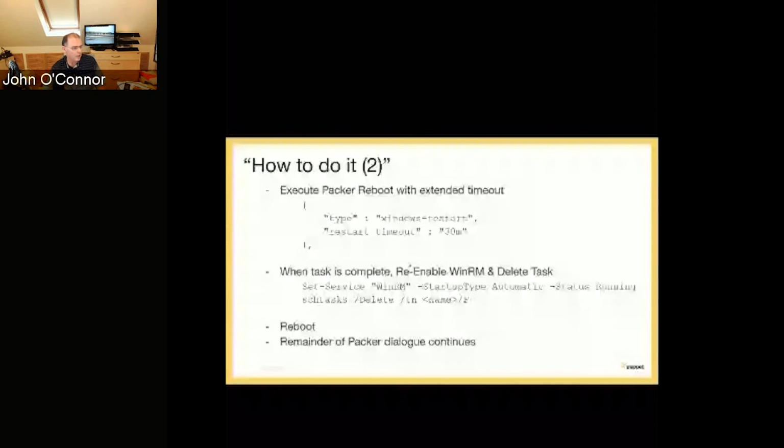When the task completes, you then have a final stage where you do a Set-Service WinRM to automatically start up on the next reboot. You then delete the scheduled task and reboot your system. And the next time it reboots, it will come up and Packer will then be able to detect that it started.